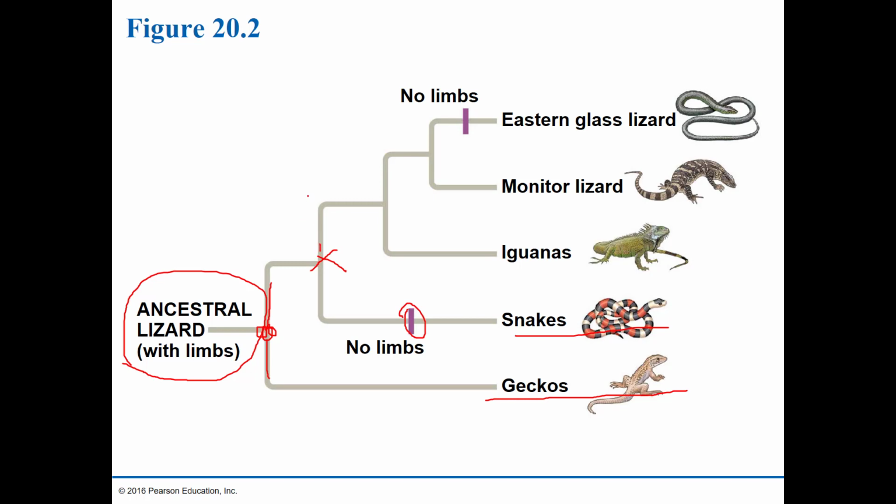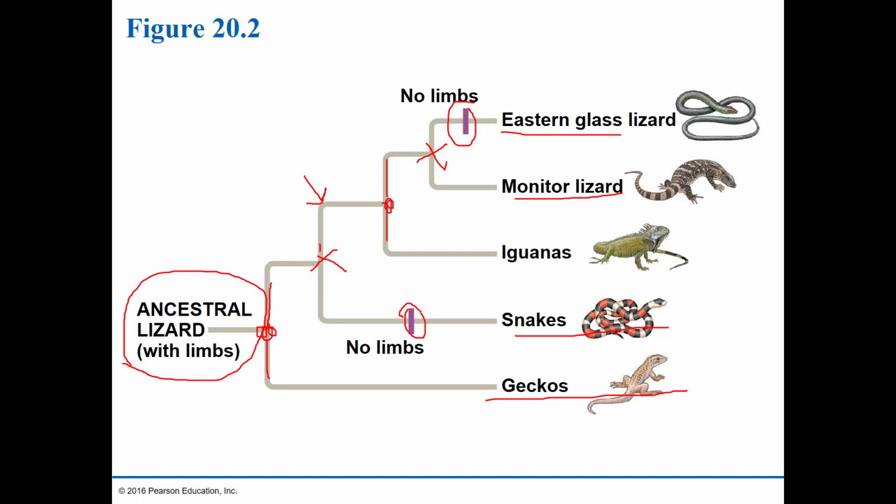But this guy produced another common ancestor who went extinct and produced 2 other types of lizards, iguanas, and then another common ancestor that didn't survive, who branched off to produce the monitor lizard, and then lizards with no limbs right here.